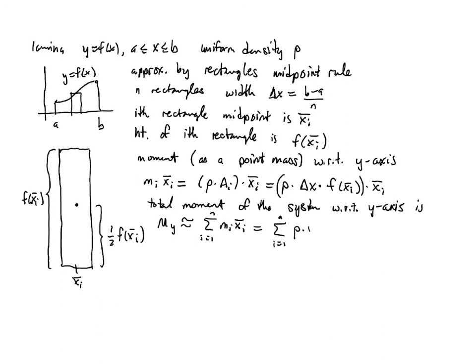It's rho times xi bar times f of xi bar times delta x. And this looks exactly like a Riemann sum.